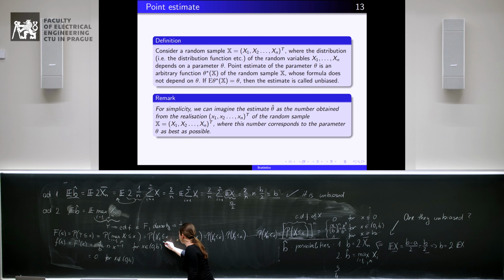And when we have the density, we can calculate the expected value of y, which is in fact the expected value of the maximum, which is what we want.